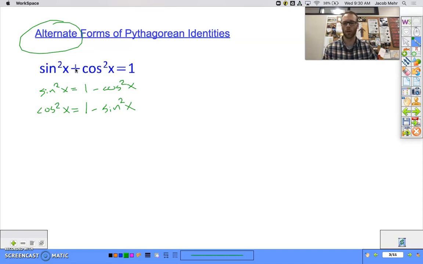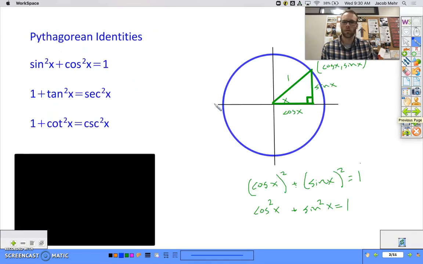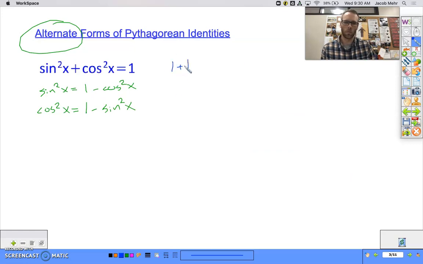How about the alternate forms for our other identities? Our next one was 1 plus tangent squared equals secant squared. Well, if I manipulate this around a little bit, I can write things like 1 equals the secant squared minus the tangent squared.